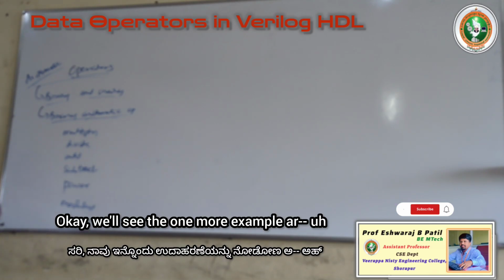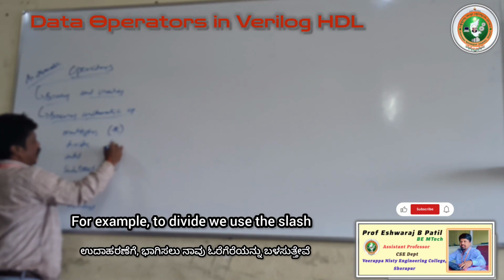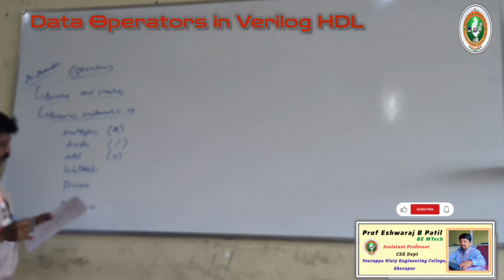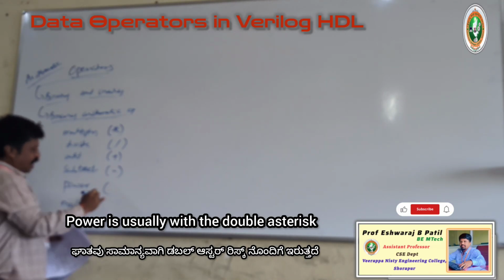We see one example for multiplication. We use the star as the operator. For divide we use the slash. For add we use plus, and for subtract we use minus. Power uses the double asterisk.